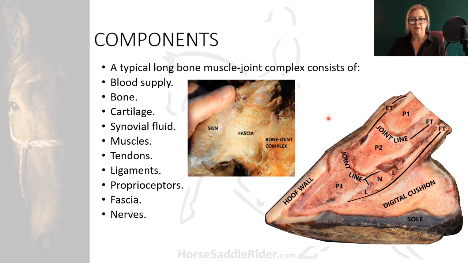The equine foot is a good example of the presence of virtually all of these structures except muscle in one relatively small region.